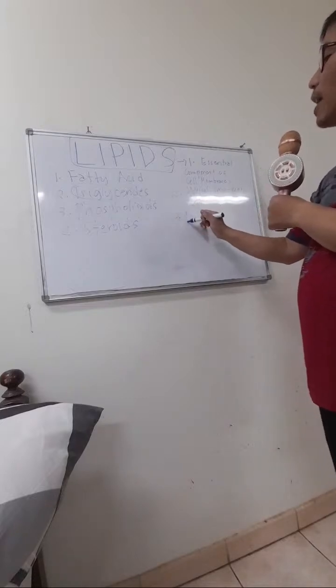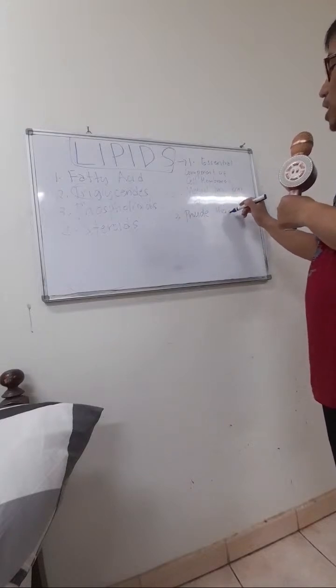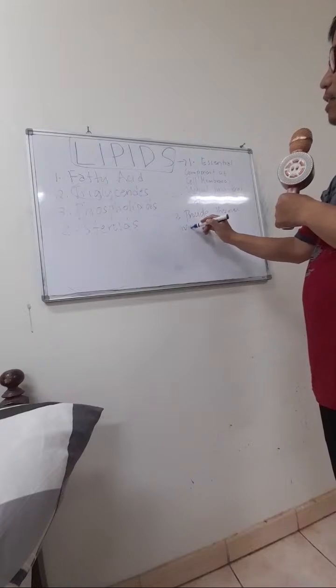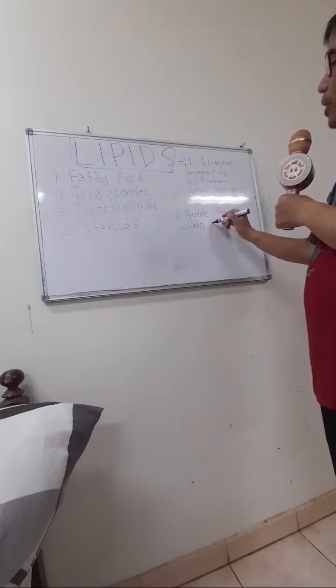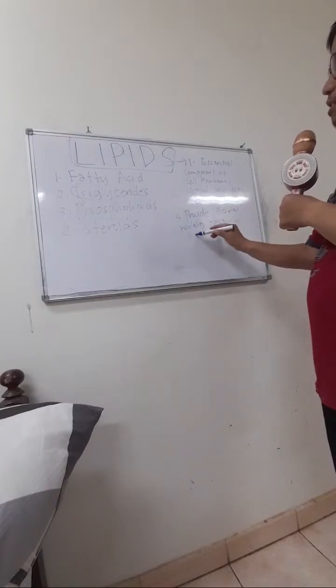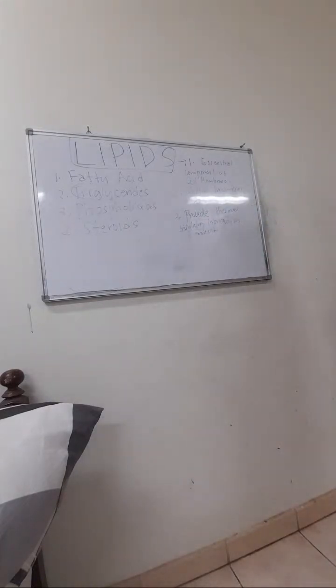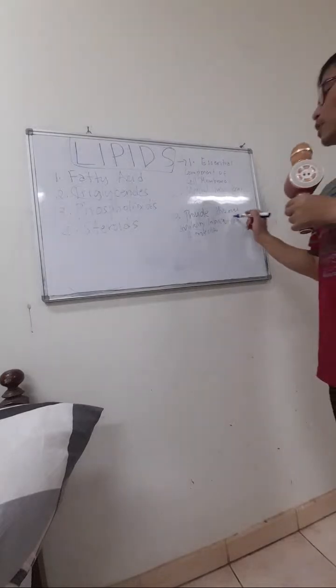Number three, provide thermal insulation, lubrication, and protection. Thermal insulation means protection against too much heat, protecting the lining of our internal cell membrane. And also lubrication: as I told you, fluidity makes it slippery. It is not dry, it has a little bit of moisture.